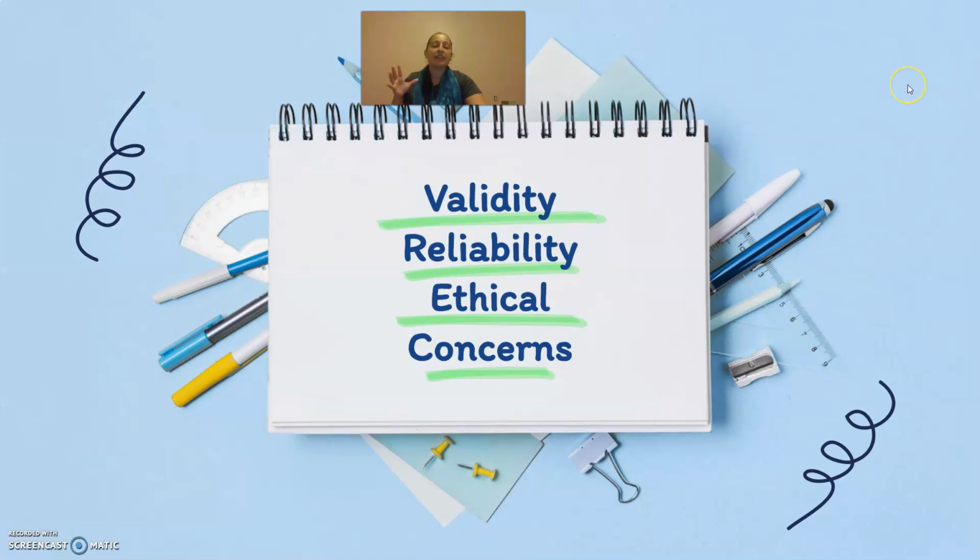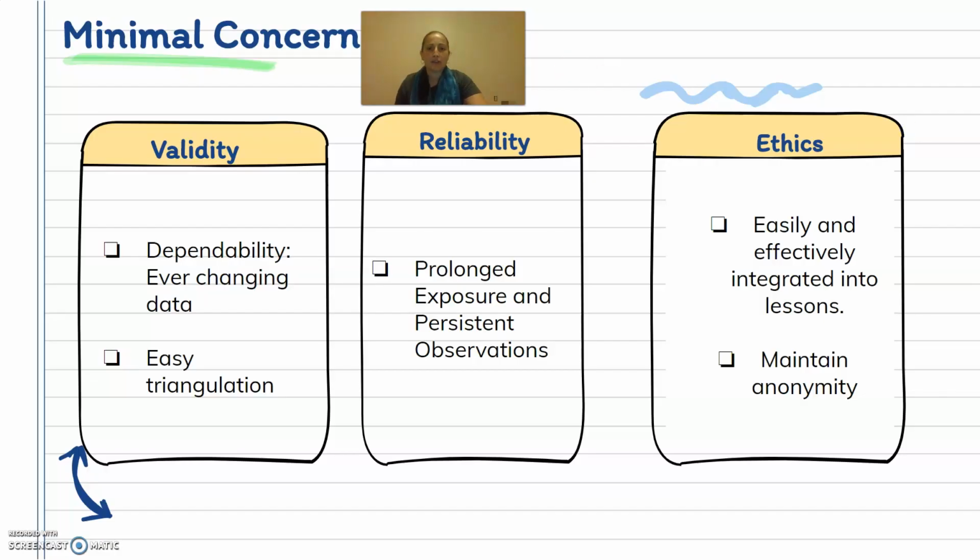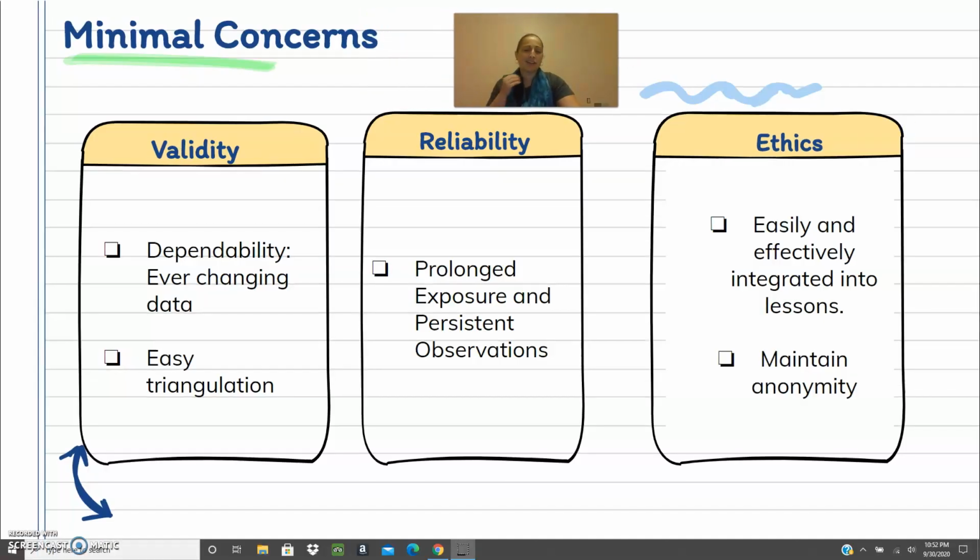Now, as far as looking at the validity, reliability, and ethical concerns, my concerns honestly are very minimal. I think this method really looks at validity from the dependability aspect, because dependability was looking at, can you account for changes within your data collection, within the scenario.